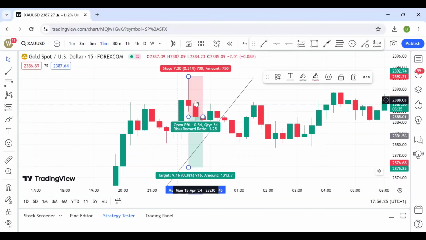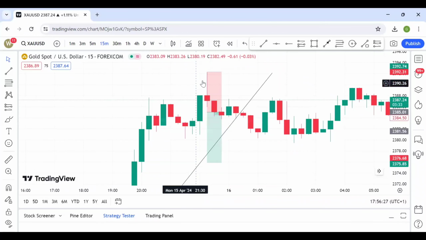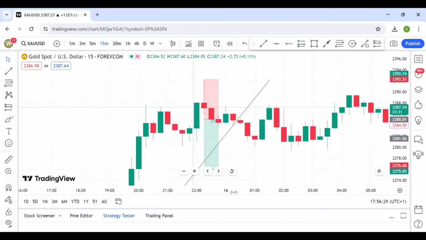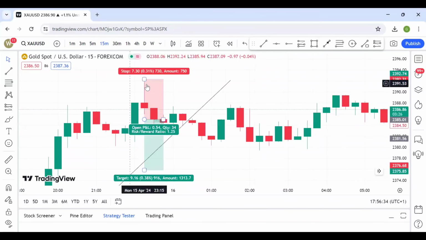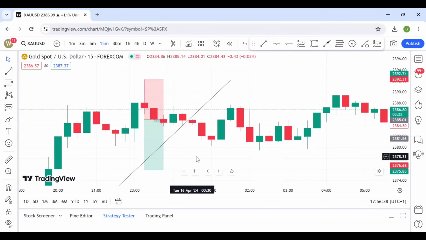You can see the high of this candle. Then your entry here, your stop loss above it.